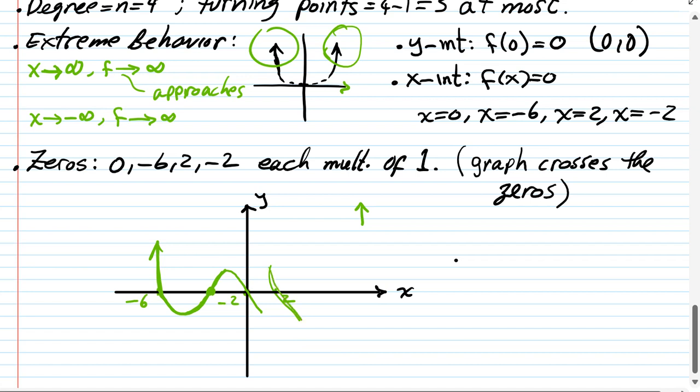And then again, this option is out because it's going to negative infinity. It has to go to positive infinity. Therefore, it has to come back at some point and go through like that. Now, the exact turning point coordinates, I do not know what those are.